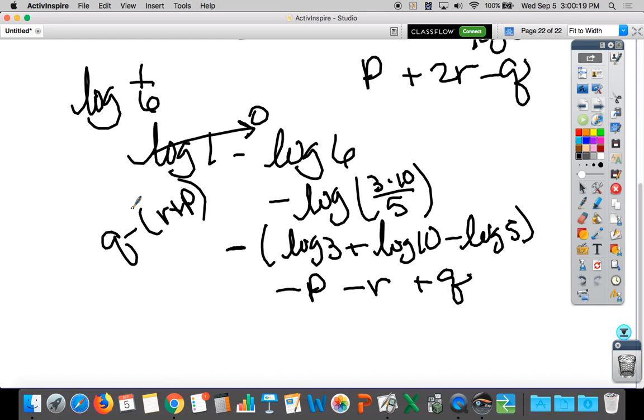This is not anything that I've ever seen on the exam, but the basis of understanding what you do to logs is going to be on there. So, no, I wouldn't worry about this so much as it's teaching you the process. It's more than just the expand and write as a single. It's doing the same thing, but it's taking it to the next level. So, I get it.